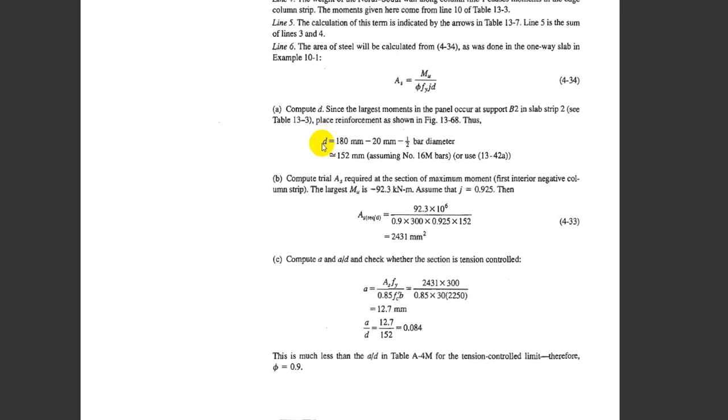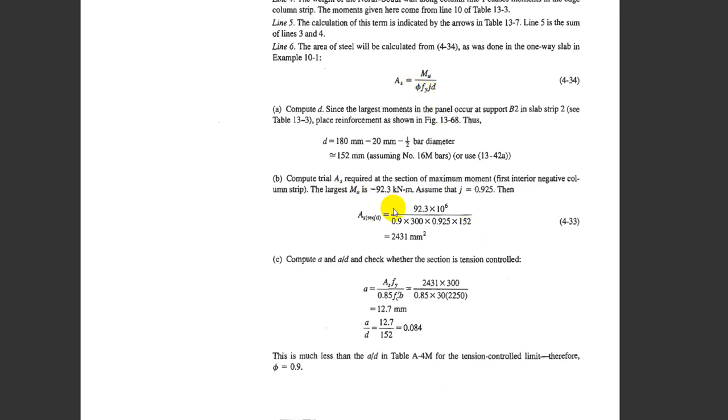You can assume d was assumed 180 millimeter, and we subtract the cover and half a bar diameter. This is the effective depth. We saw that before, so I'm not going to repeat it. So d was assumed 152 right here.